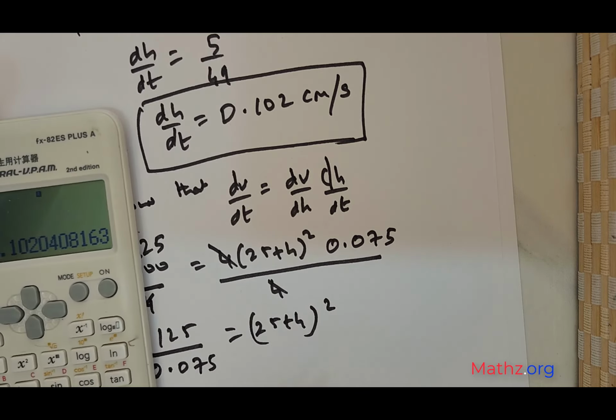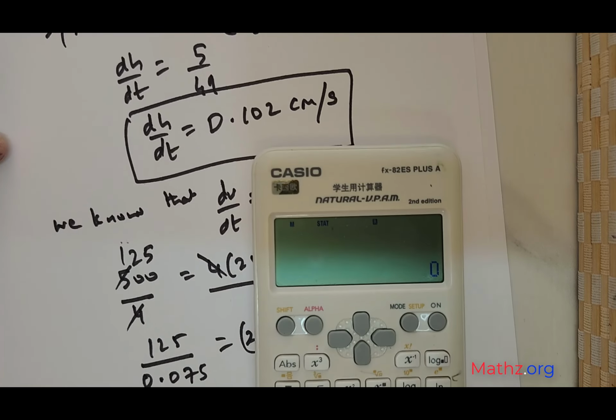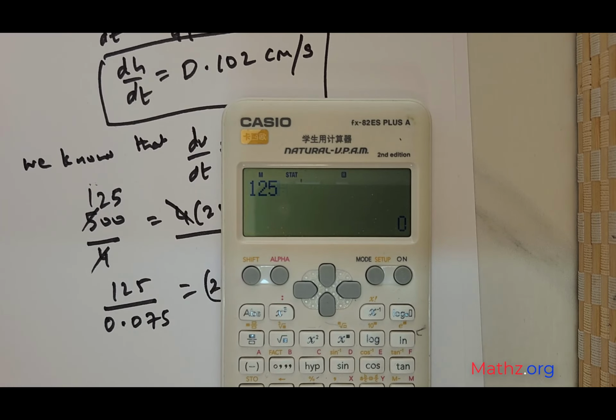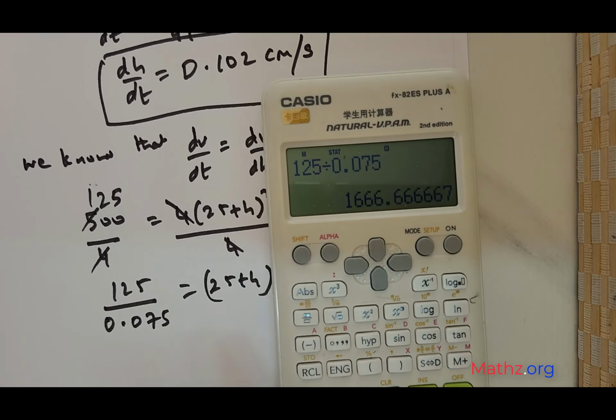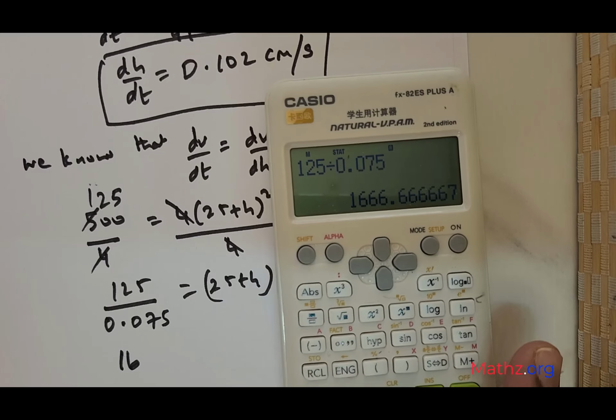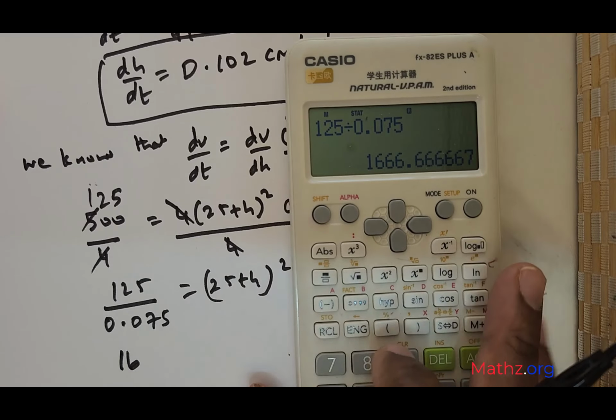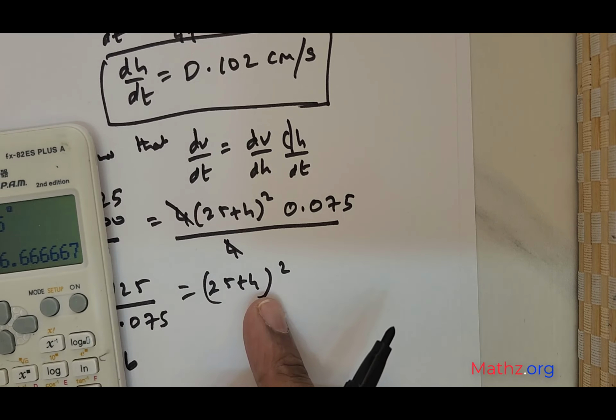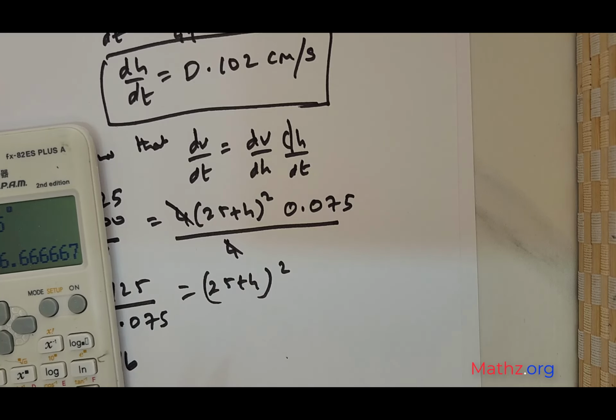Use a calculator. So you have 125 divided by 0.075. Now what is that? That is 1666 point something. So what we can do is take the square root of this, right? So we have a square root like this, and we can take the square root of this particular value.